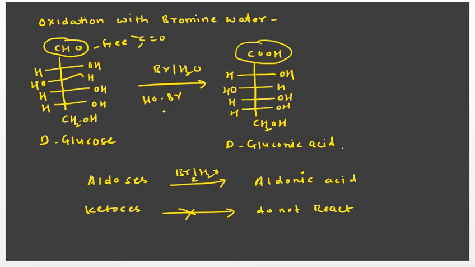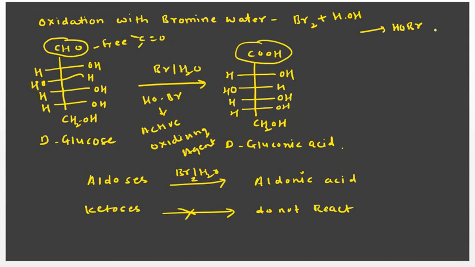This is the active oxidizing agent generated when bromine reacts with water. So when bromine reacts with water, Br2 plus HOH, there is a formation of HOBr plus HBr. So this HOBr is used as an oxidizing agent here.